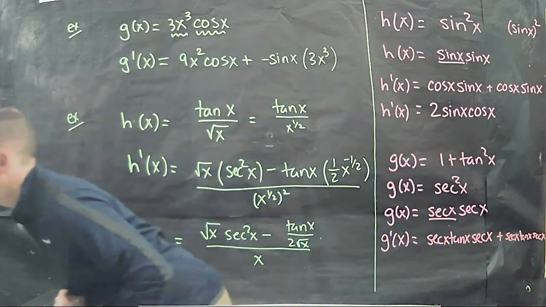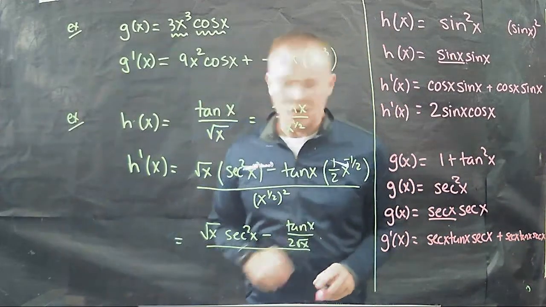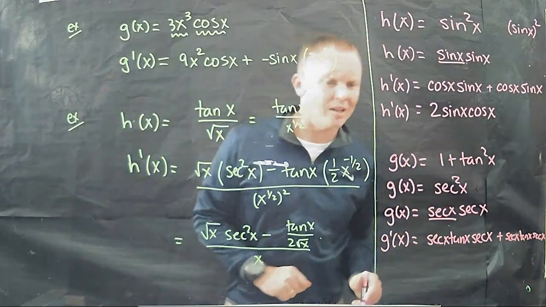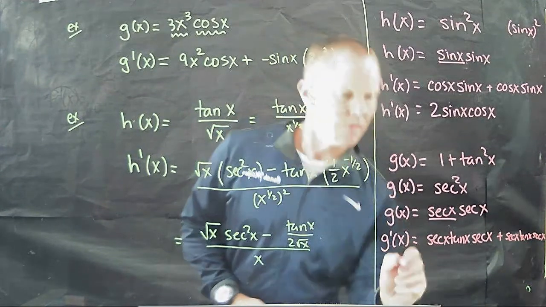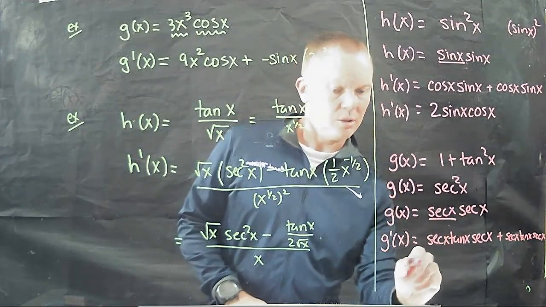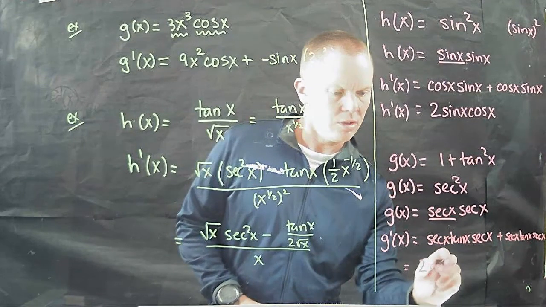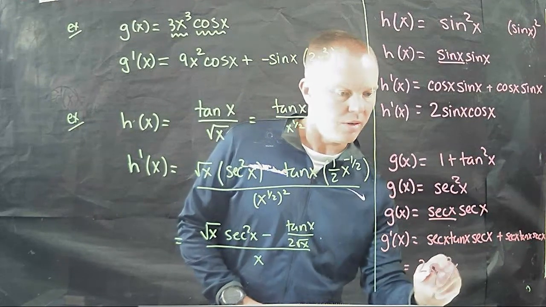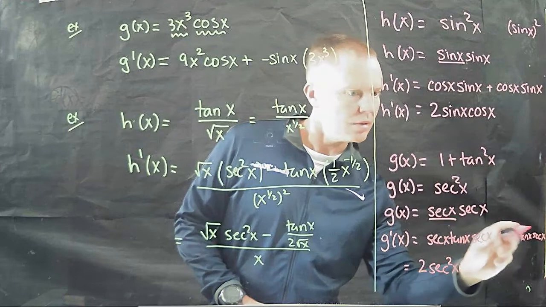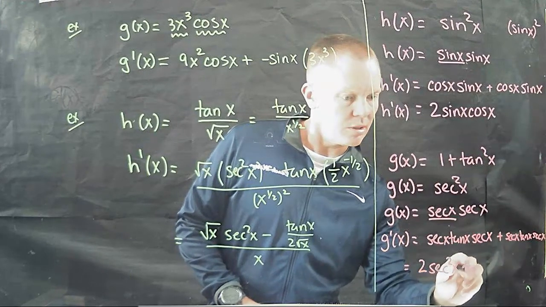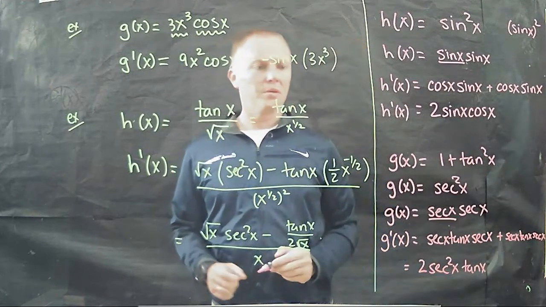Did I fit it all on there? My eyes aren't good enough to see my screen that far away, but I think I did. So that's going to be 2 secant squared of x times tangent of x. Okay?